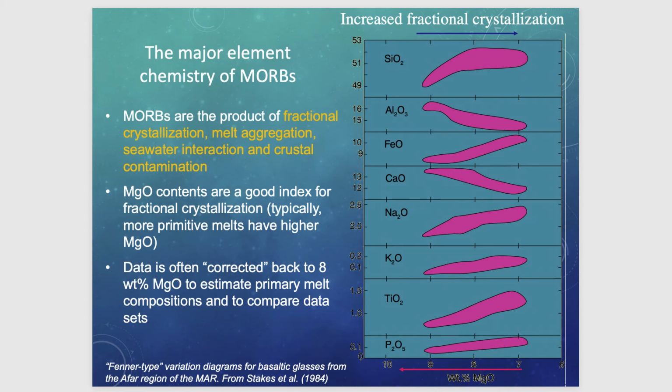Often the correction is done back to 8% magnesium oxide. So we go to this composition, and you essentially revert all the compositions of these other oxides so that you infer the primary melt composition, and that allows you to compare back with other data sets and understand the diversity in the source magmas, basically.